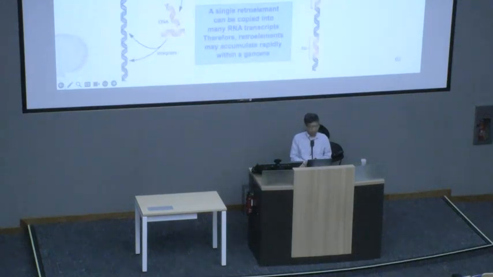In this example, this is one of the retro elements called Alu. You see, this single transposon takes about 11% of our genome. 11%. So far, we still are somehow intrigued or curious why this single transposon element is amplifying in our genome.